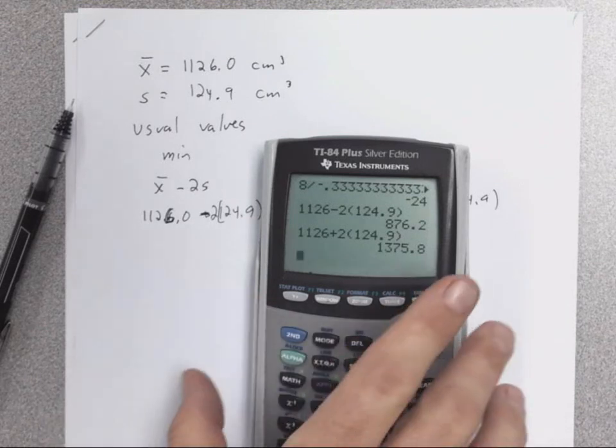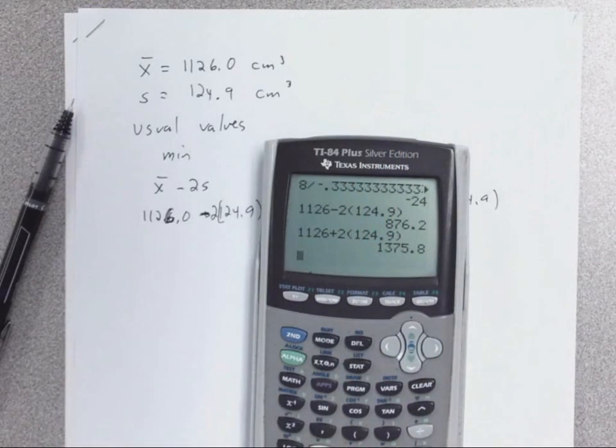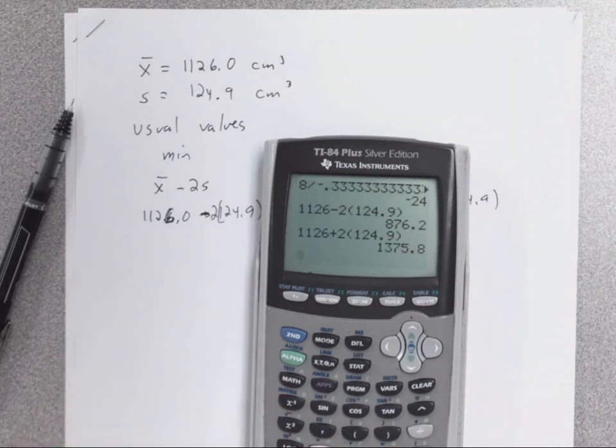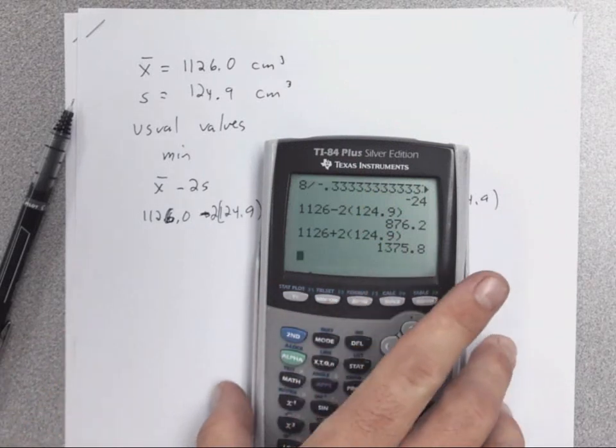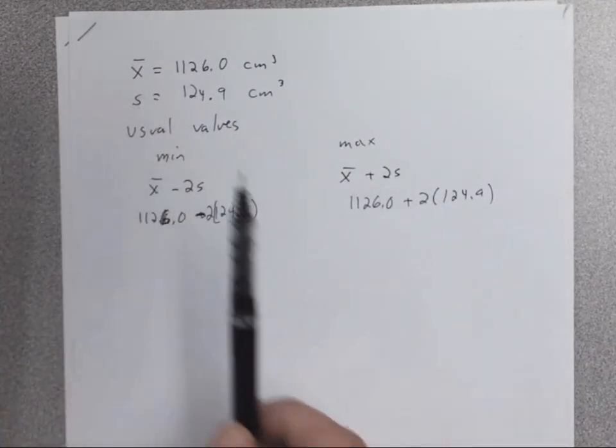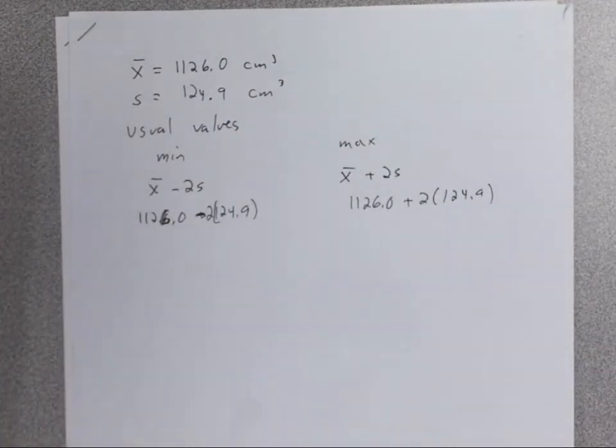Now, remember that these values are already rounded. So when you write them, you're going to basically use the exact same numbers. Remember that when we round data, we always round 1 decimal past the given data. So when I find the mean and the standard deviation, I know that those are already rounded 1 decimal past the given data.